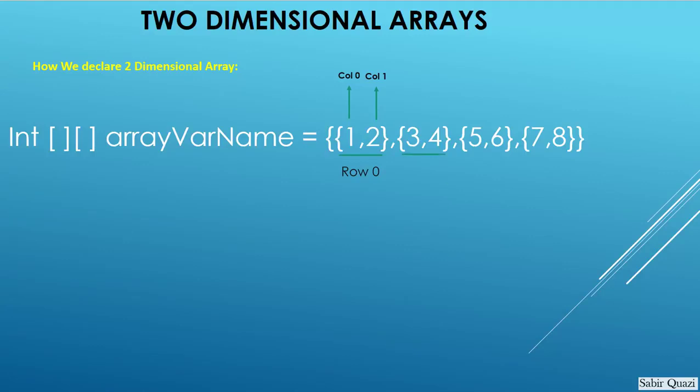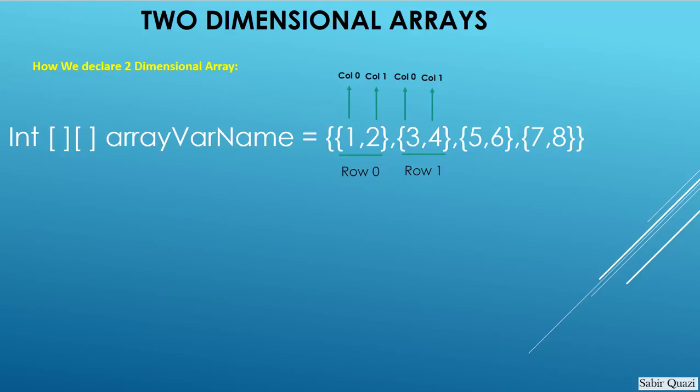Similarly, the other array inside this array is row number 1, with column number 0 and column number 1, because we have already seen in single-dimensional arrays that indexing starts with 0. So in this case also, the columns inside an array start with 0.